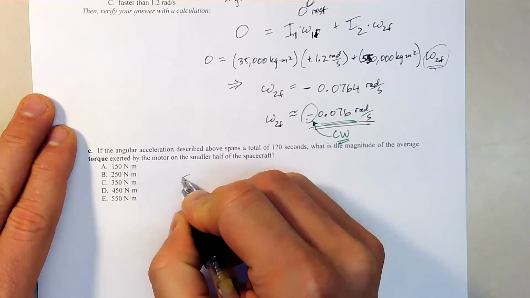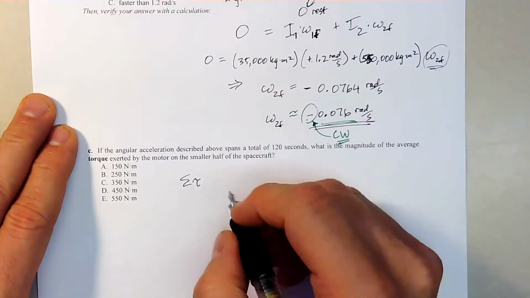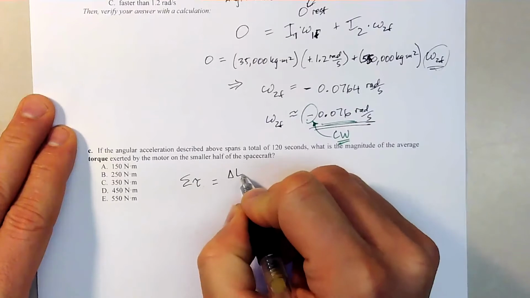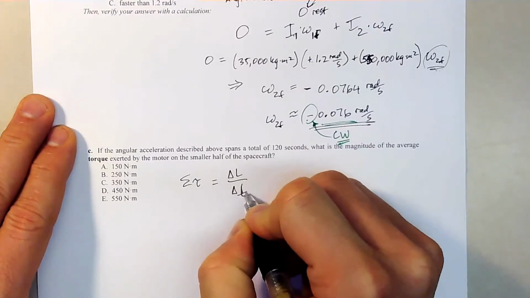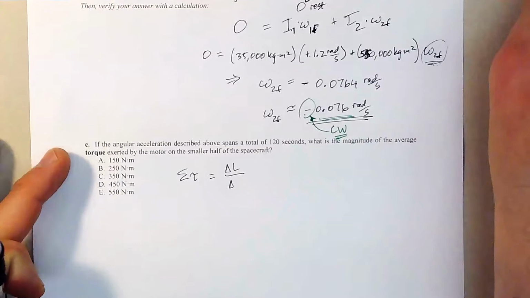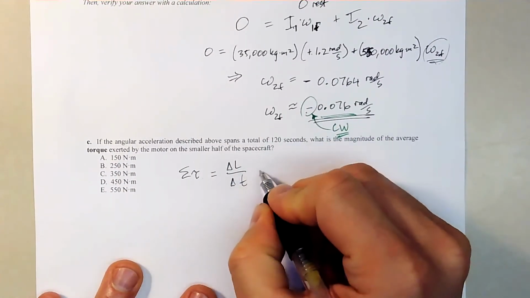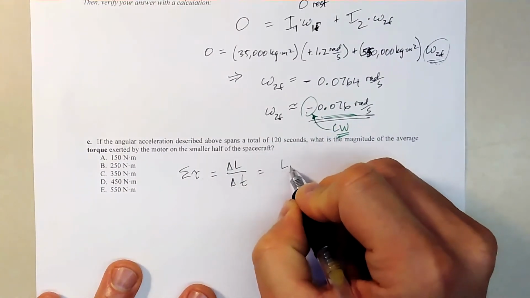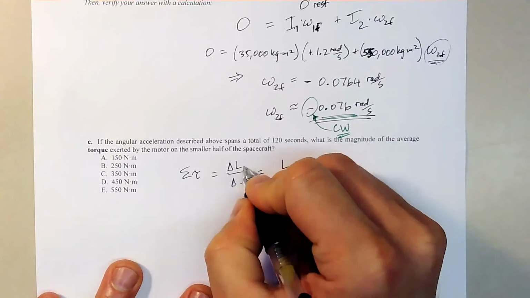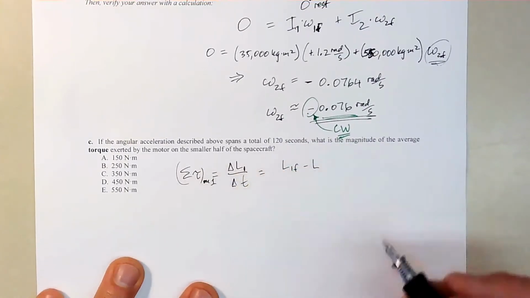So the net torque acting on the smaller portion of the spacecraft, by the alternative version of Newton's second law, is going to be equal to delta L over delta t. So if we just consider that smaller portion of the spacecraft, that's going to be equal to L1 final minus L1 initial, and that's just portion one.